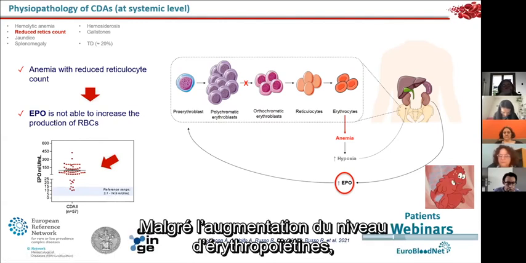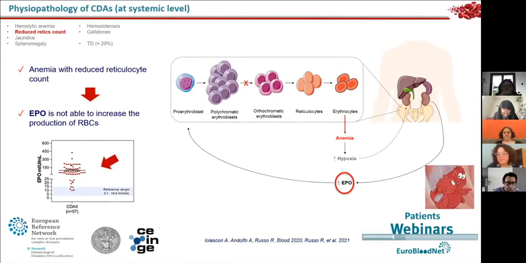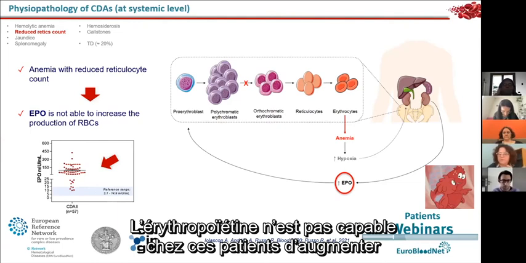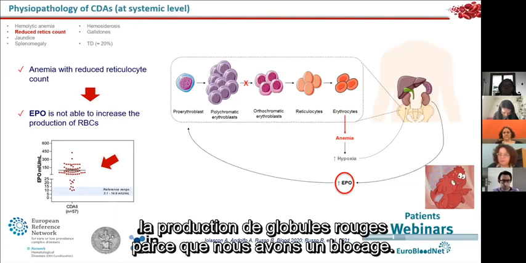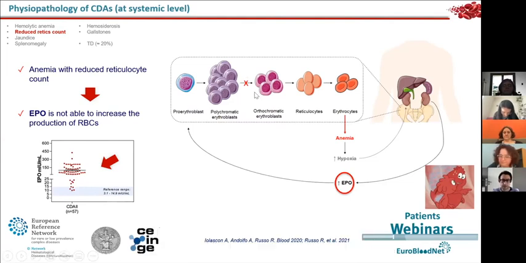However, despite these increased levels, erythropoietin is not able in these patients to increase the production of red blood cells because we have a block.